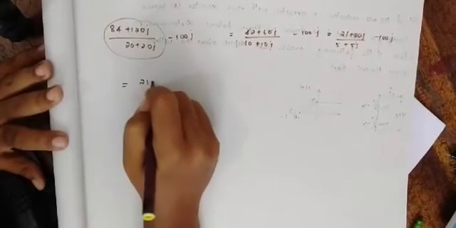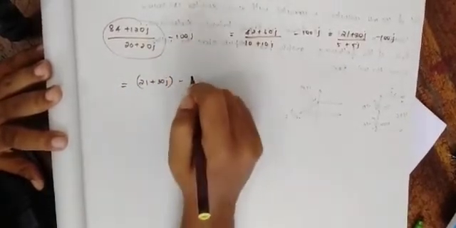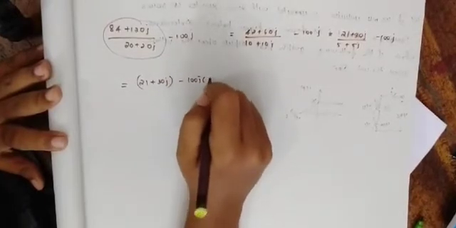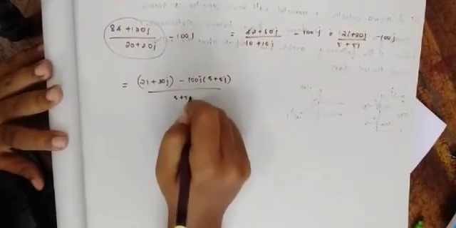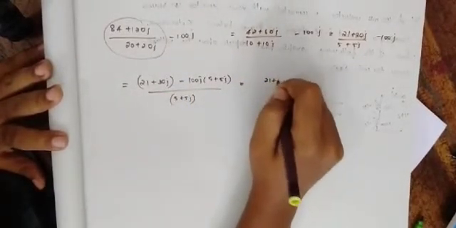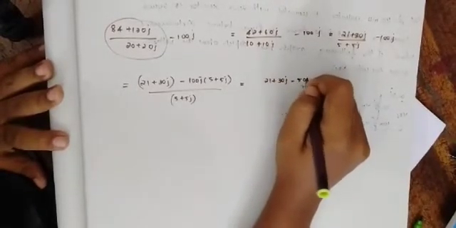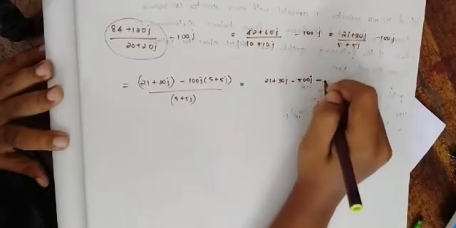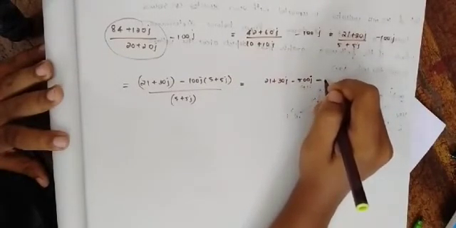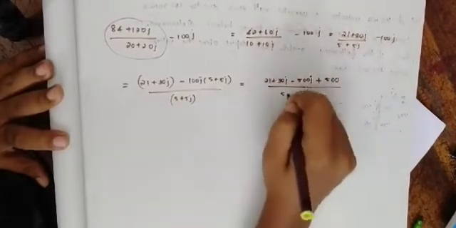We'll get 21 plus 30j minus 100j into 5 plus 5j divided by 5 plus 5j. And after that, we will rationalize it. So it is 21 plus 30j minus 500j minus 500j square, it will become plus 500, all divided by 5 plus 5j.